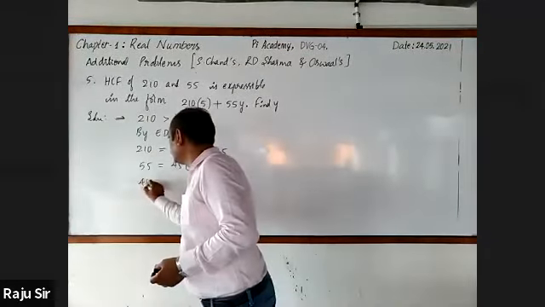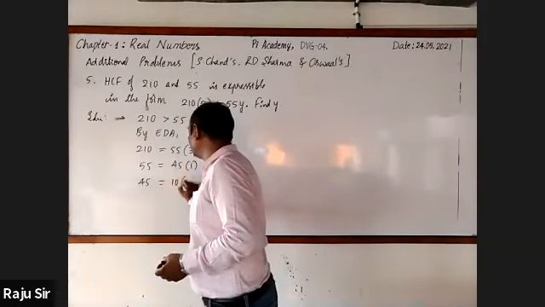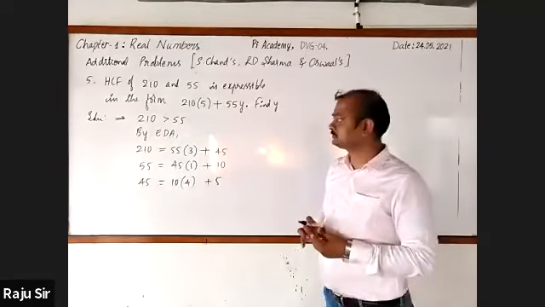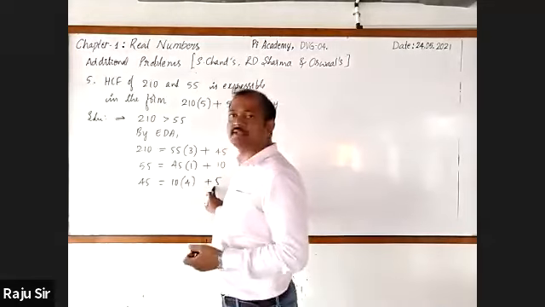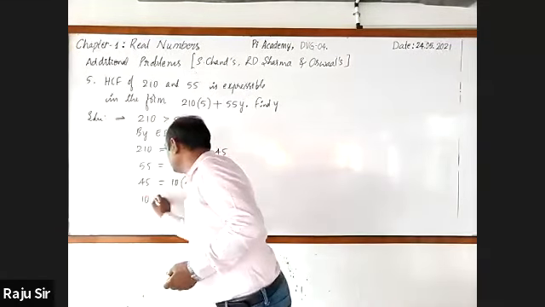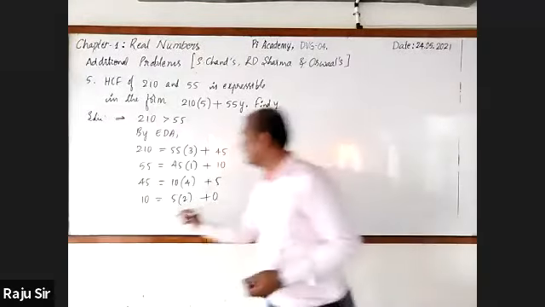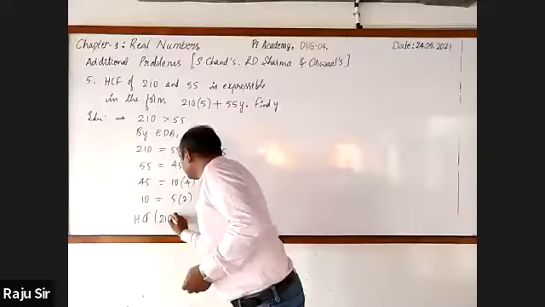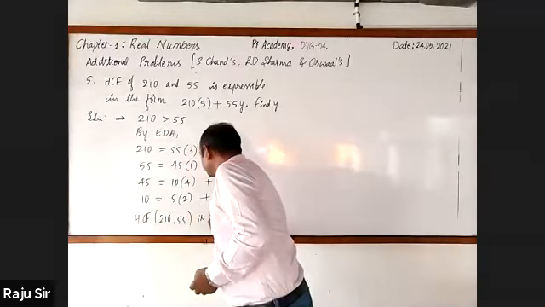Start dividing. 45 is equal to 10 times 4 plus 5. 5 is the remainder, which is not equal to 0. 10 can be written as 5 times 2 plus 0. As the remainder is 0, the HCF is 5. Right. Therefore, the HCF is 5.